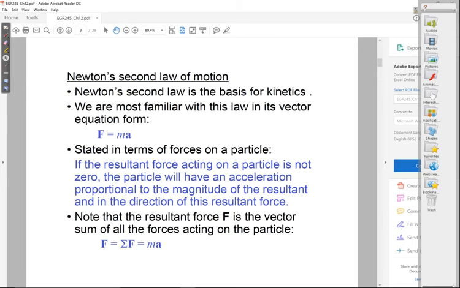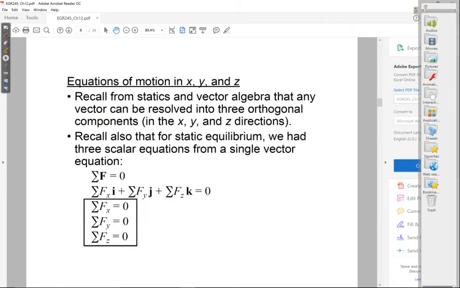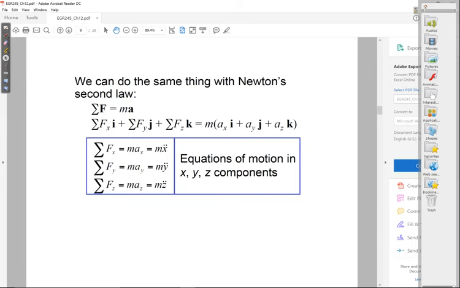So you might recall that we dealt with 3 coordinate systems when it came to curvilinear motion. So we're going to apply Newton's second law to those 3 different coordinate systems. The way that's going to work is very simple.